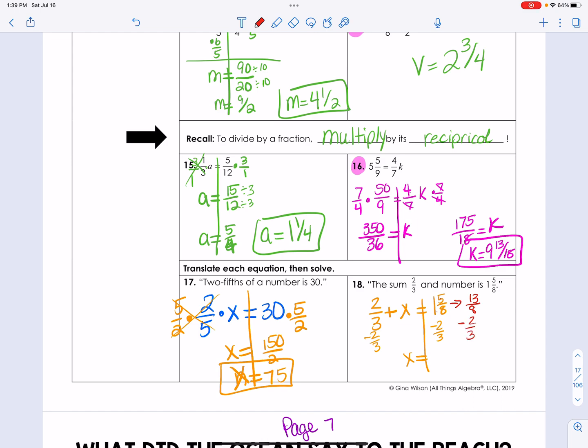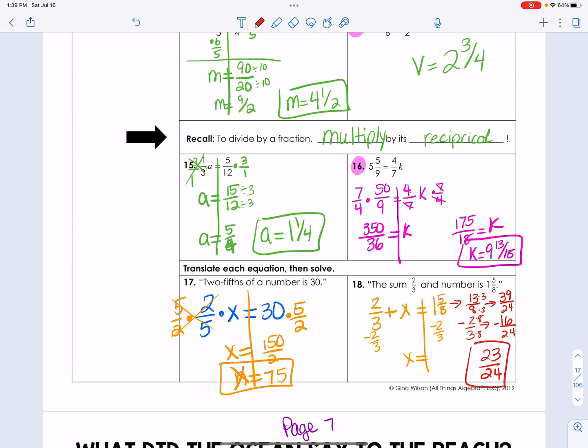So now I need to make them both have the same denominator. So I think that's 24, right? I would times this by 3, so that's 39/24. I would times this by 8, so I'm minusing 16 24ths. So 39 minus 16 is 23 24ths.